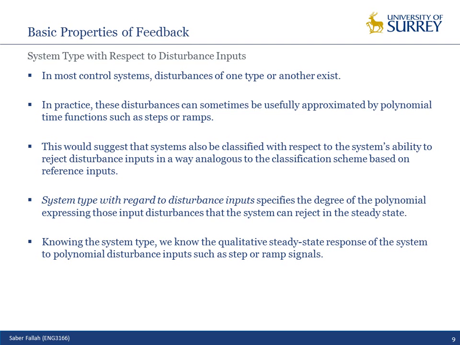Right? So we need to check how robust the system is against the disturbances, or how much steady state error will be introduced to the system subject to a disturbance. Again, I have the steady state error subject to the reference. I have the steady state error subject to the disturbance. The overall steady state error will be the summation of these two steady state errors.